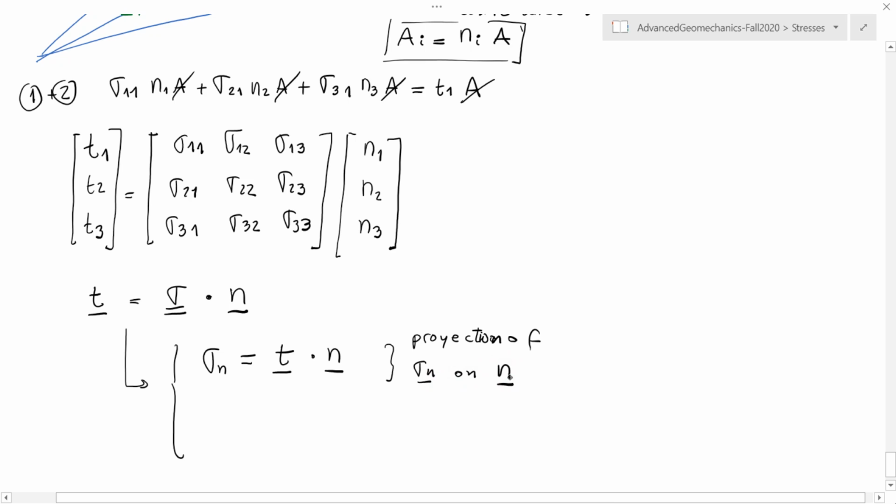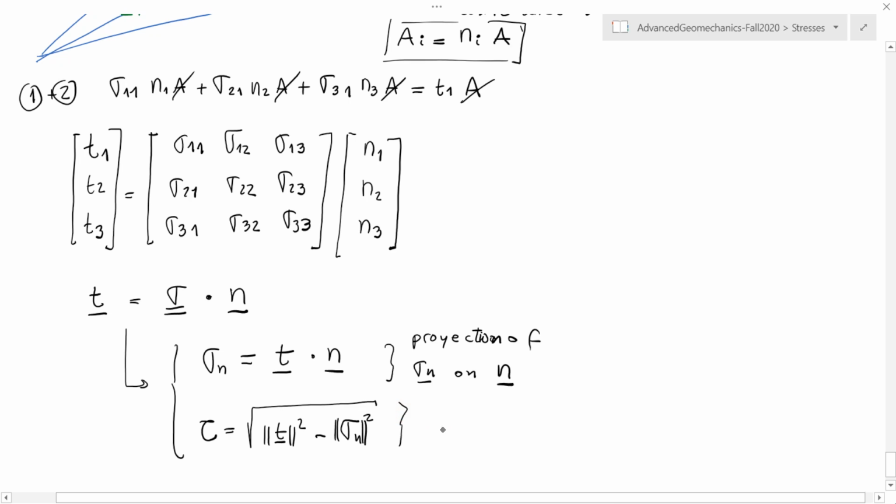And tau is going to be equal to the square root of the magnitude of t squared minus sigma n squared.